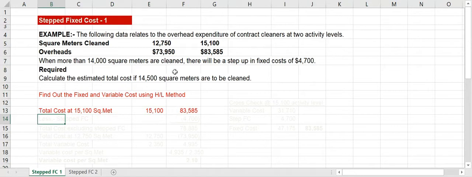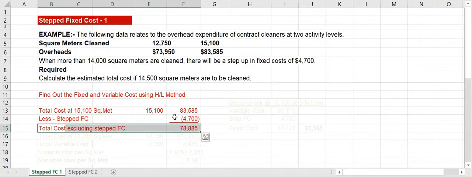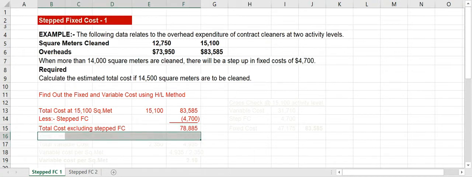Before you deduct the cost at 12,750, you should remove the step fixed cost of 4,700, so you get the cost excluding step fixed cost. Then you remove the lowest cost at the lowest units, which is 12,750, 73,950.